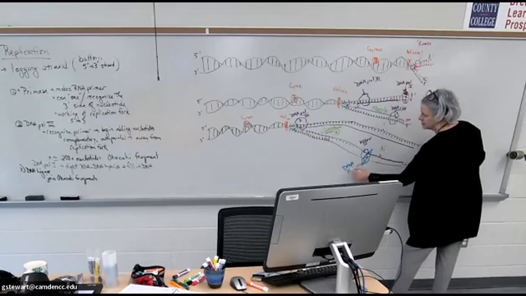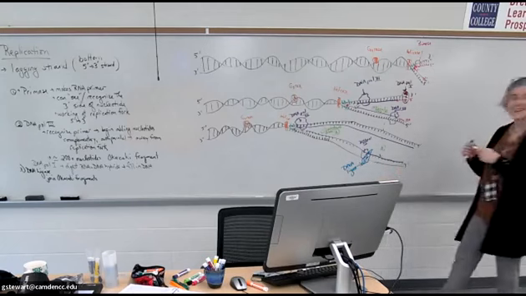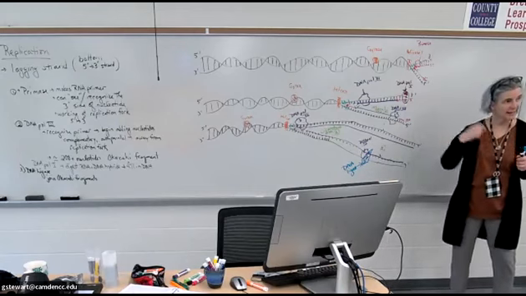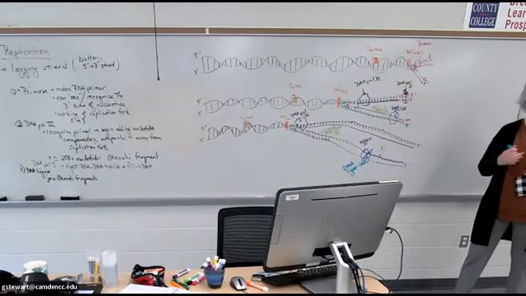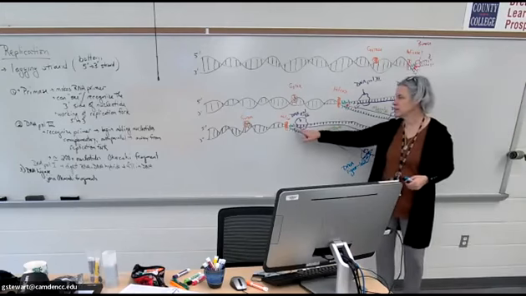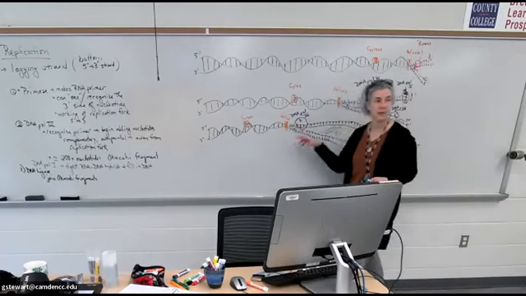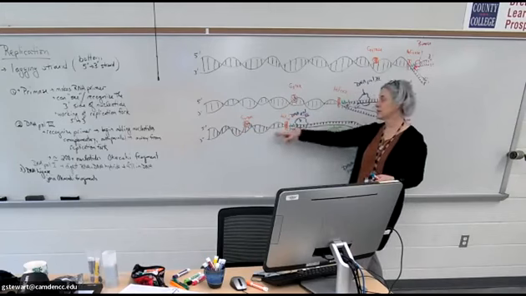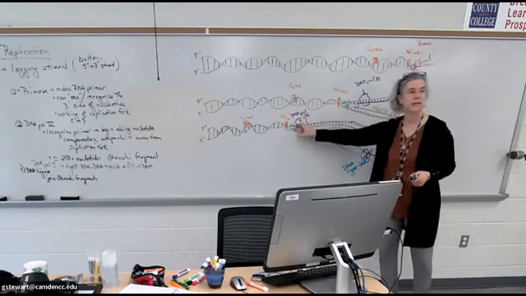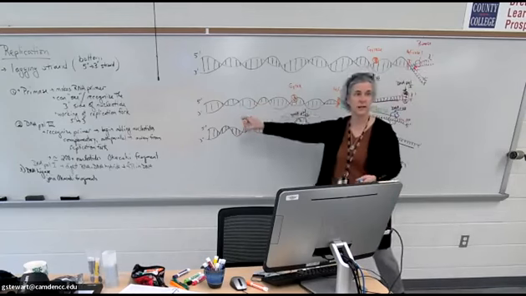DNA ligase. To ligate, ligature, to join, right? It joins those Okazaki fragments together. It's the last chemical bond that's made. So it kind of jumps. So it's here. And then as soon as we get more unwinding and unzipping and primer and another Okazaki fragment 3, ligase jumps from here to there to stitch the next ones and keeps going.